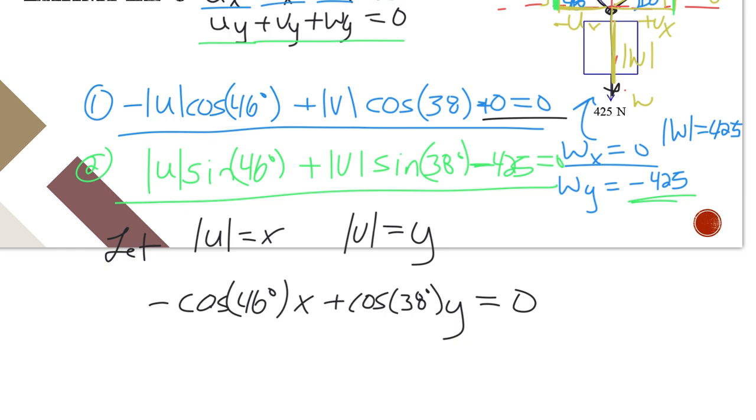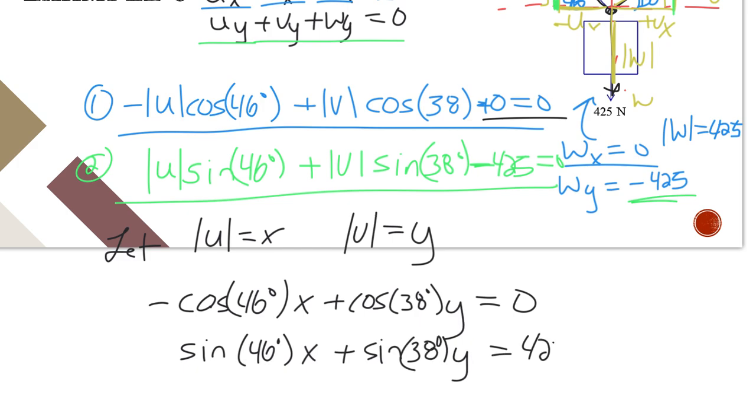And then we'd have positive sine of 46 degrees x, plus sine of 38 degrees y is equal to a positive 425, because we will add this to the other side.